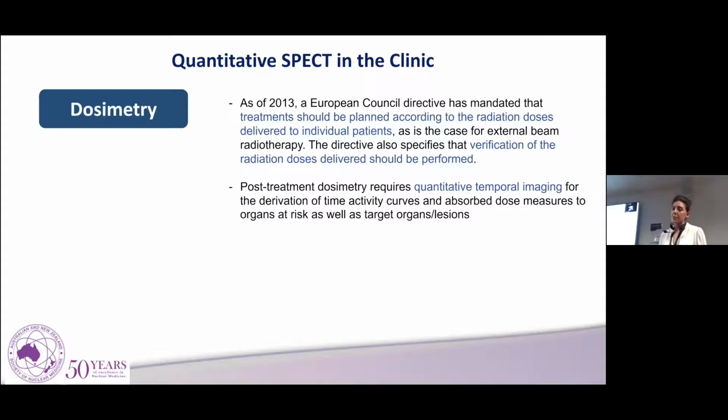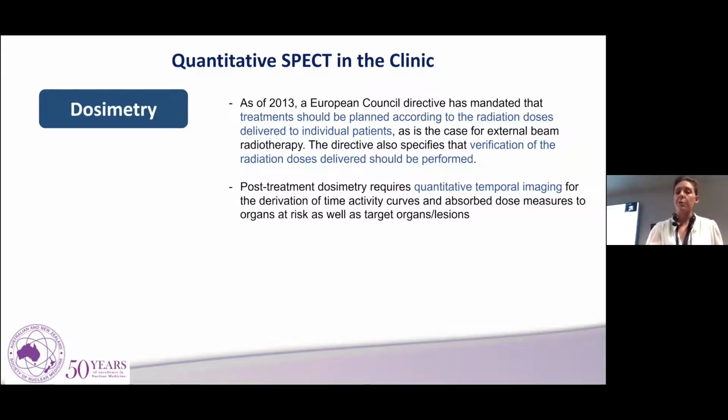The directive also specifies that the verification of the radiation doses delivered should be performed. And because our radiation treatments are generally using beta minus or electron emitters, they have an accompanying gamma. So the imaging required to perform these dosimetry calculations is going to be based on the gamma camera, and it's going to require quantitative SPECT CT.